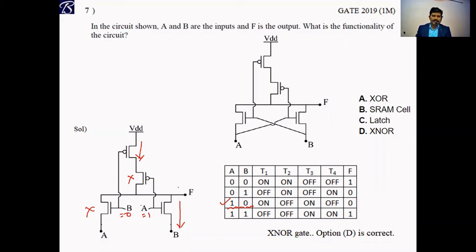So VDD is disconnected because this is switch off. Now this F is connected to what? Actually, if the ground is there, F should be 0. But in this problem, it is connected to B. What is B here? This is 0. Then we can write a 0 here. This is the third case.